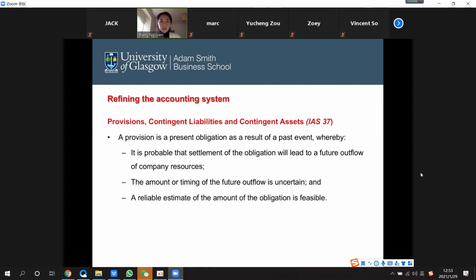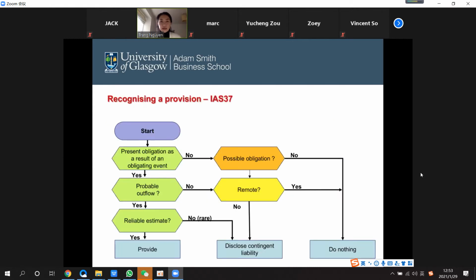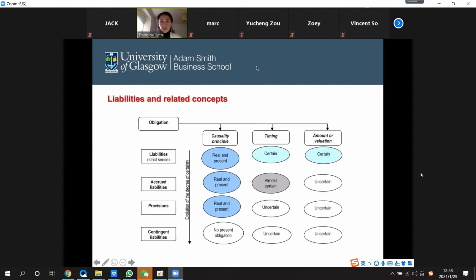Now, provisions. Remember about provisions and contingent liabilities. What I want to emphasize here is quite important to remember. Let's look at the symbol here. A liability is real and present already, based on a past obligation. It has happened already and the timing is certain. We also know the amount, because we know how much we will pay. So that is called a liability.